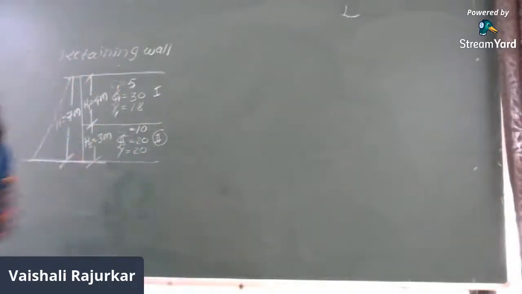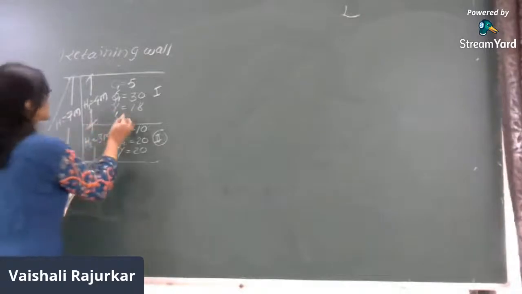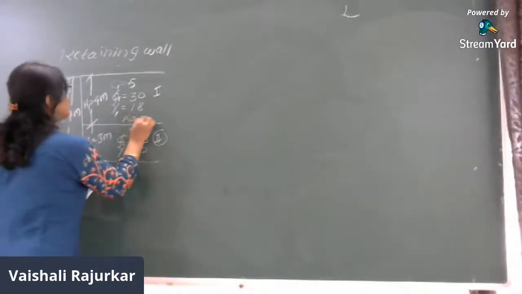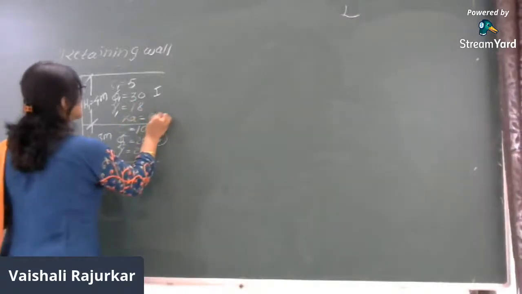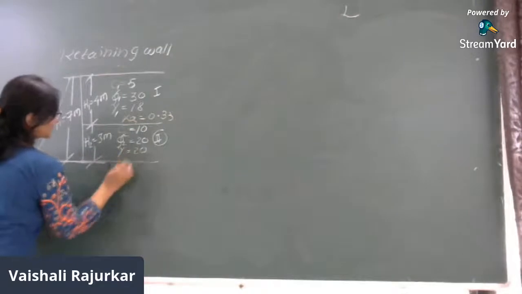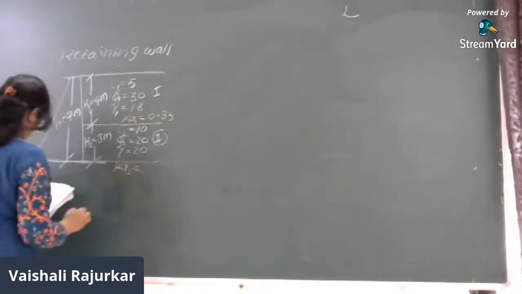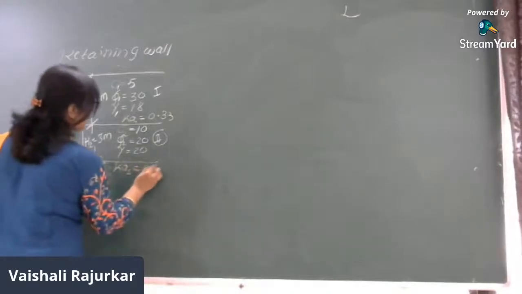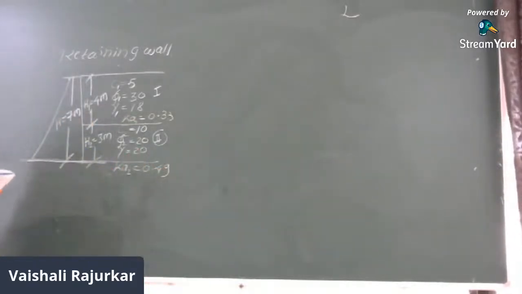So before that, we have to find out the value of Ka. So what is Ka in this case? Ka is 1 minus sin phi upon 1 plus sin phi. It is 30 degrees, so it will be 0.33 for Ka1, and Ka2 is 0.49. Then alpha again we will find out.